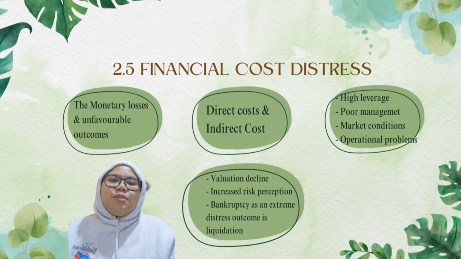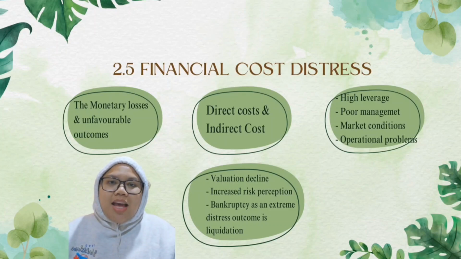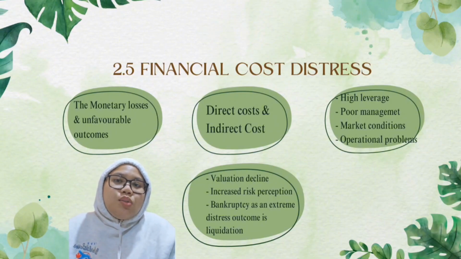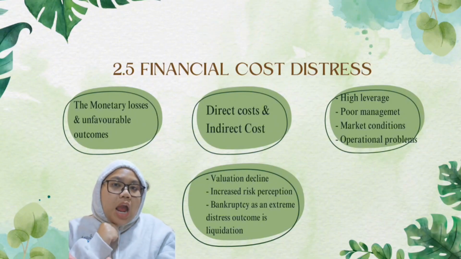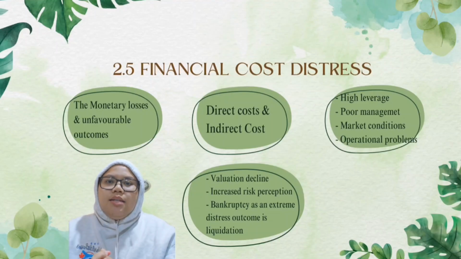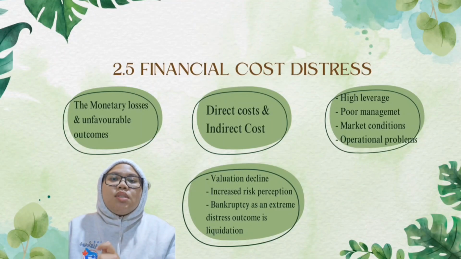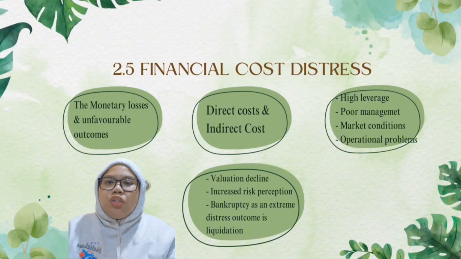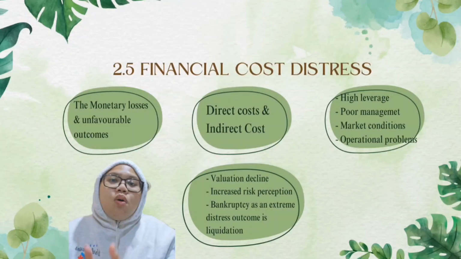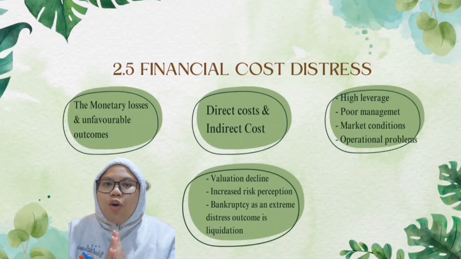The last impact is bankruptcy. As an extreme distress outcome is liquidation, a company may be put into liquidation if reorganization is not practical. In this case, assets may be sold to satisfy creditors, which frequently results in large losses for stakeholders, including shareholders.